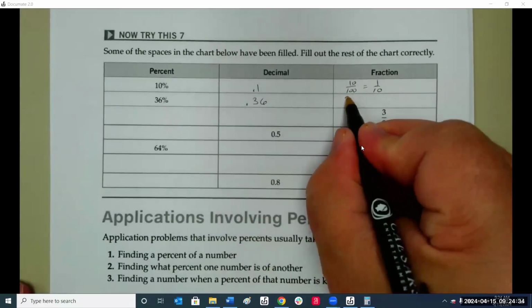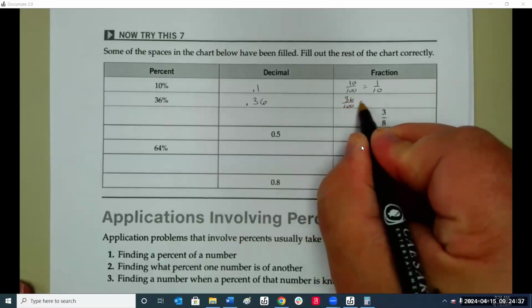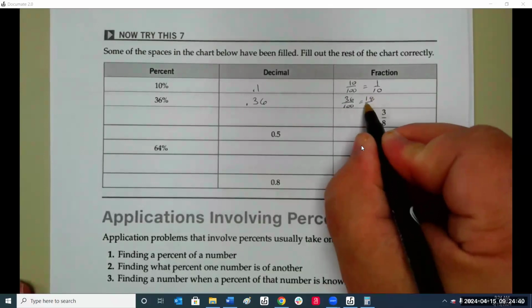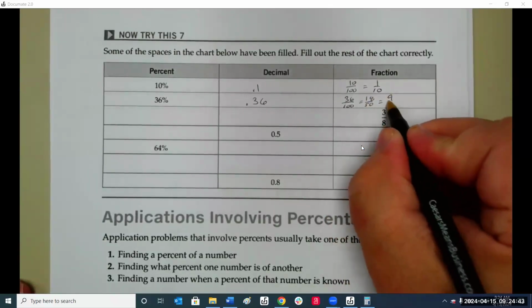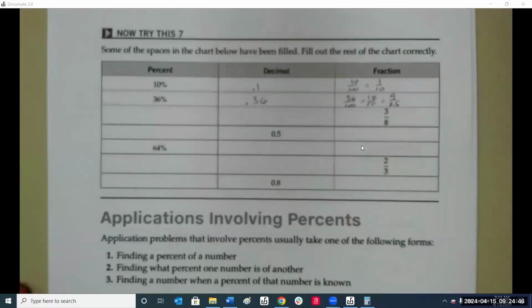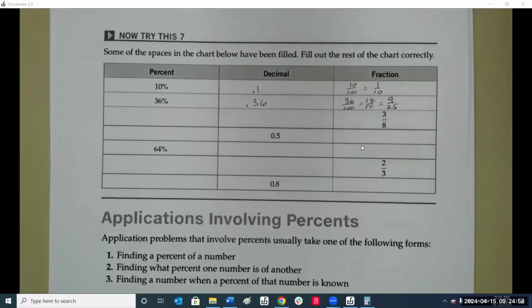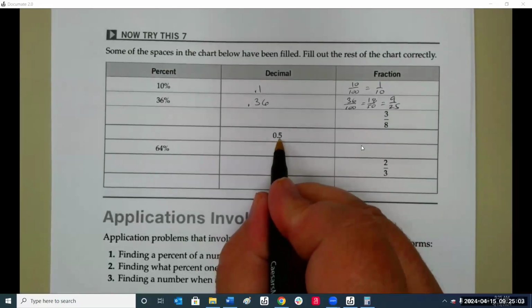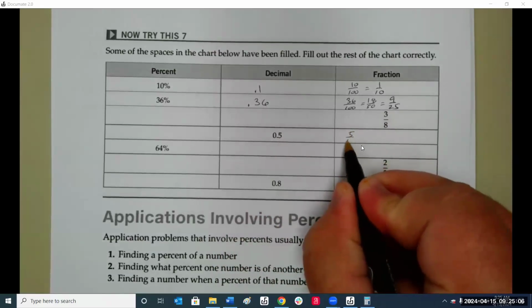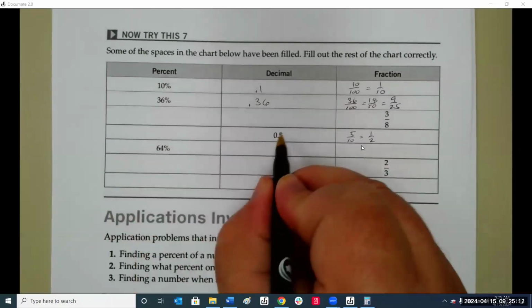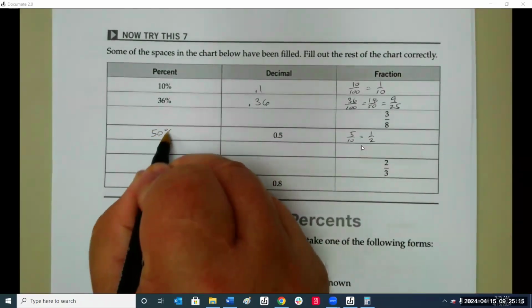And in fraction, it's 36 over 100, which simplifies into 18 over 50, which is 9 over 25. 0.5 is what in fractions? 0.5 is 5/10, which is 1/2. In percent, it's moved two to the right, so it's 50%.